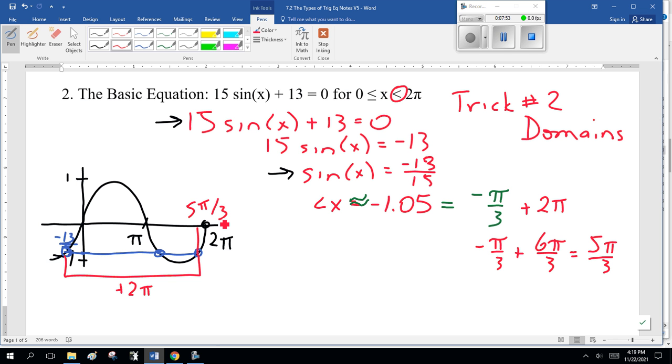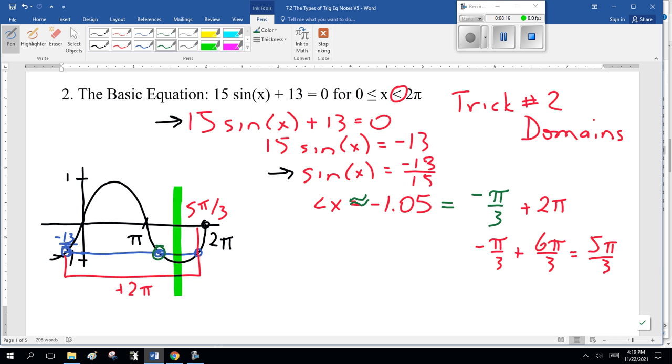So far, so good. Now remember, trick number 1, multiple answers. Yes, there's a second answer right here. Where the heck are we? Well, there's a couple of ways to do it. I'd like you to note the symmetry down the middle here.